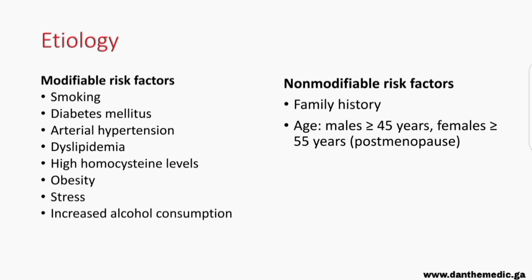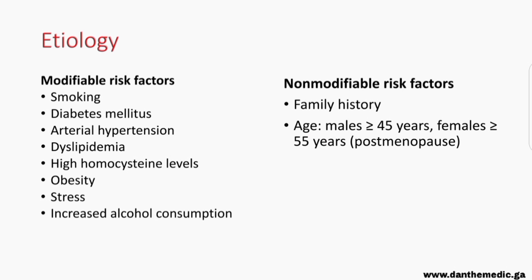So the etiology is divided into modifiable and non-modifiable risk factors. The modifiable risk factors include smoking, because it can be stopped, diabetes mellitus, arterial hypertension, which can be reduced if you take your medications, dyslipidemia, high homocysteine levels, obesity, stress, and increased alcohol consumption.